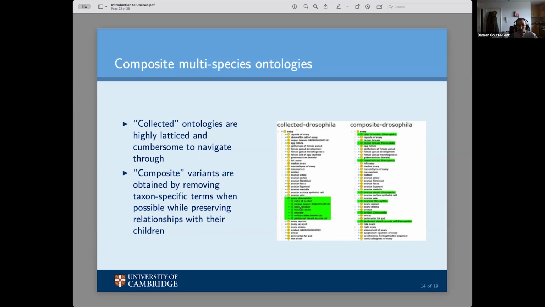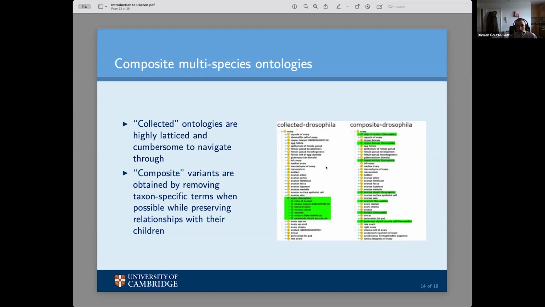So to create the composite ontology, what we do is that we remove this level here. We remove the taxon-specific terms whenever possible. That is, whenever we already have a taxon-neutral term that represents exactly the same thing.